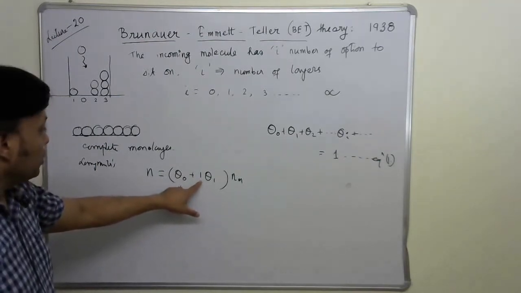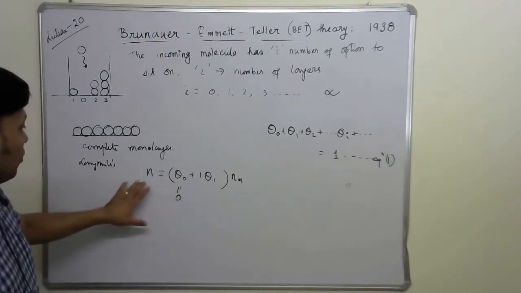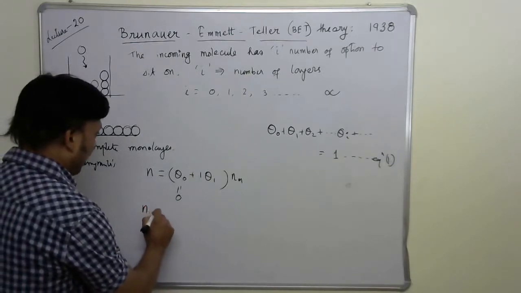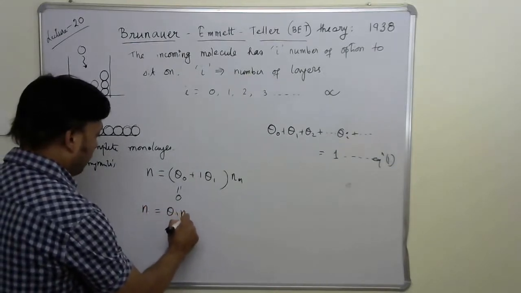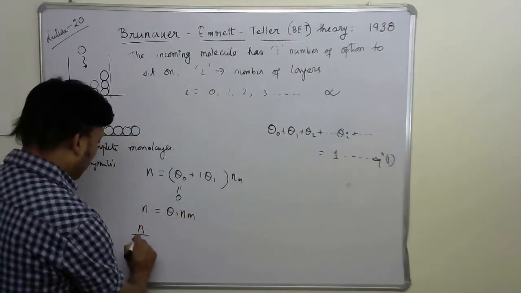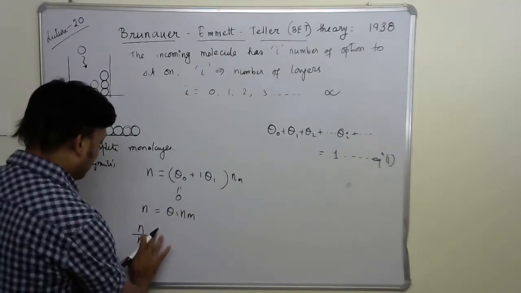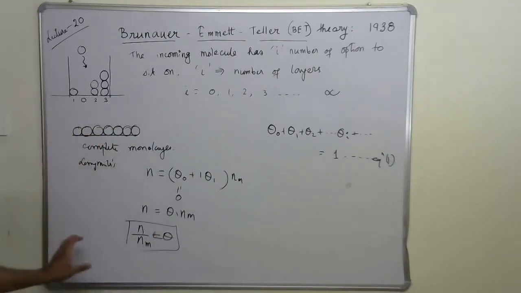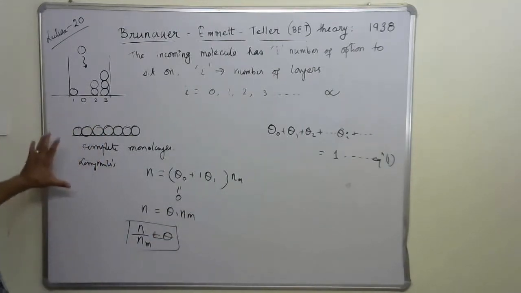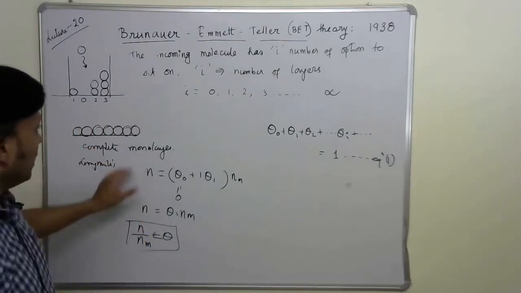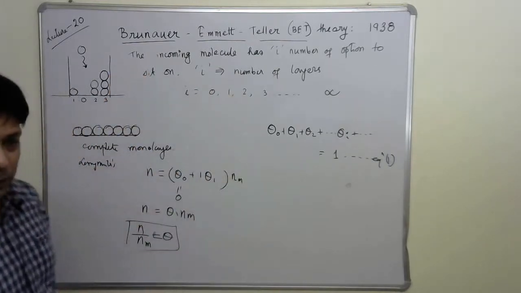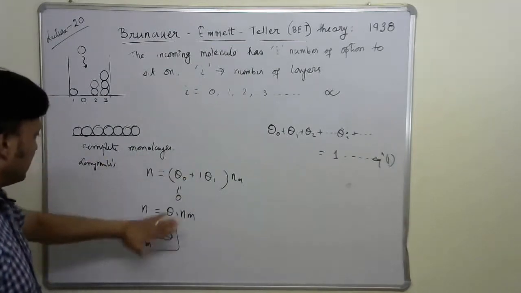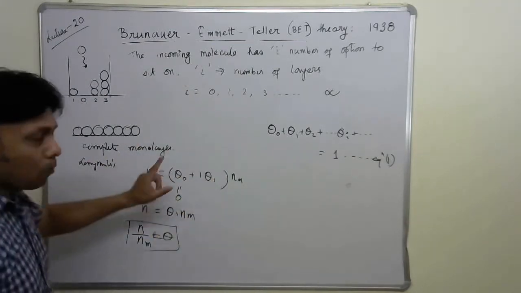Therefore we can easily come back to this situation, that N is equal to theta 1 multiplied by Nm, or N by Nm is equal to theta. So this is our understanding of Langmuir's theta in the light of the BET assumption. Therefore this consideration is for monolayer only.